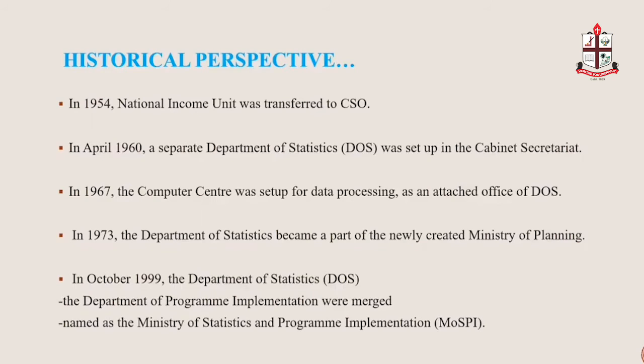In 1967, the Computer Center was set up for data processing as an attached office of the Department of Statistics. In 1973, the Department of Statistics became a part of the newly created Ministry of Planning.